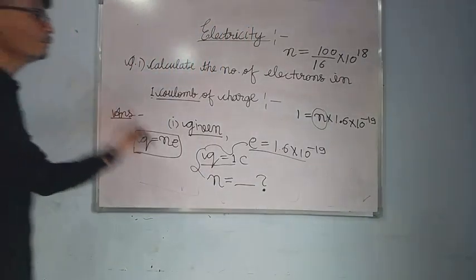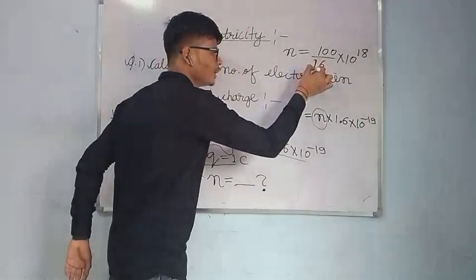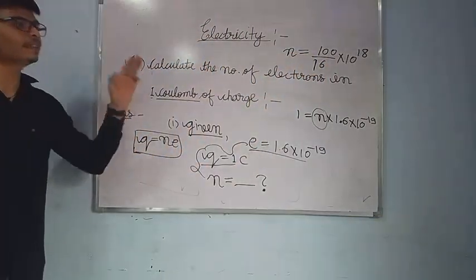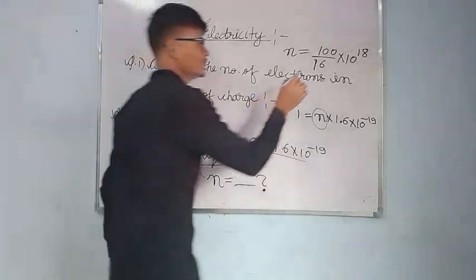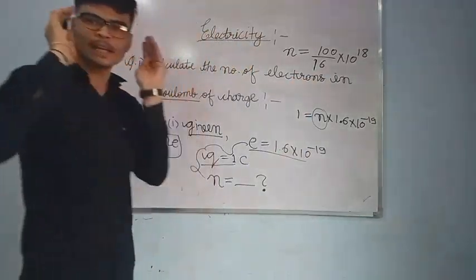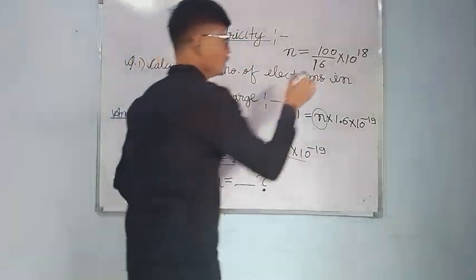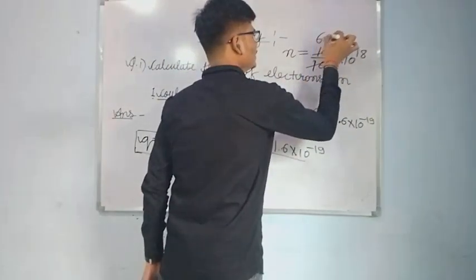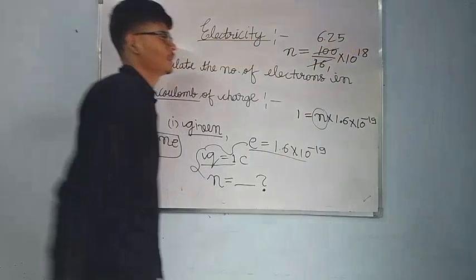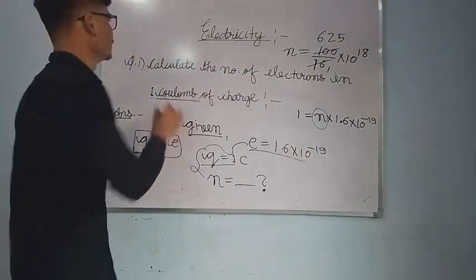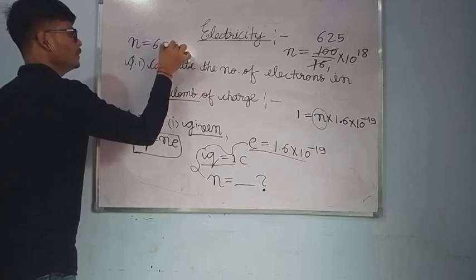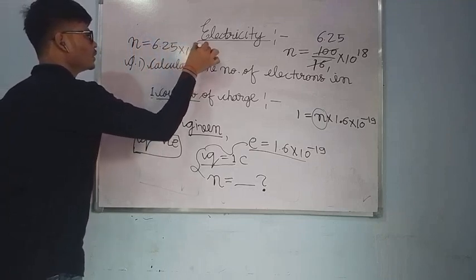Whenever you are writing some values, you have to carefully note them down. It was 16 and I was saying 6. No, it was not 6, it was 16. That's careful observation. So this is nothing but 100 by 16, and this value is 6.25. N is equal to 6.25 into 10 to the power 18 electrons.